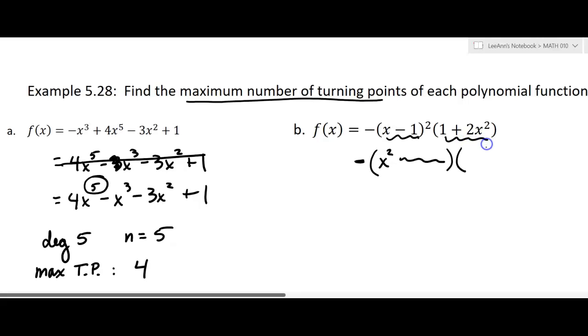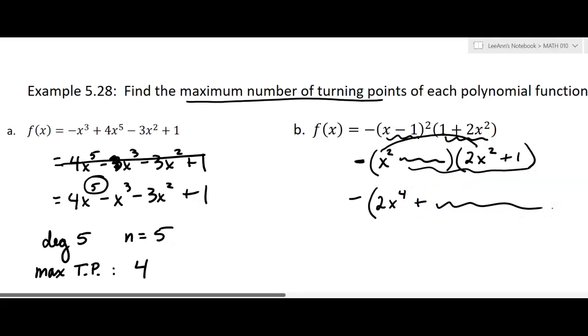The second binomial, that's not even in standard form, 2x squared plus 1. Now if I were to multiply x squared times 2x squared, then I would get 2x to the 4th, and then I would continue to multiply, but all those other terms are going to have a smaller degree. That's going to be my highest degree because I'm writing them in standard form, so I know the most I'm going to get.